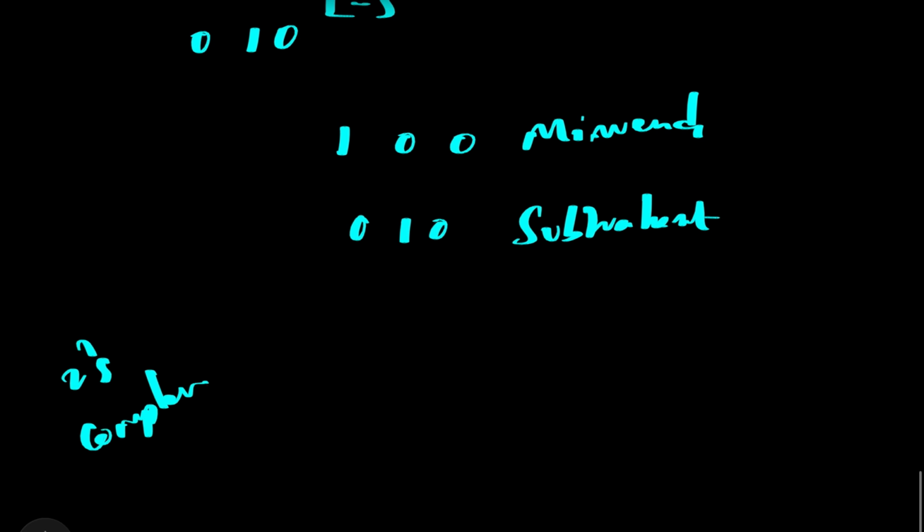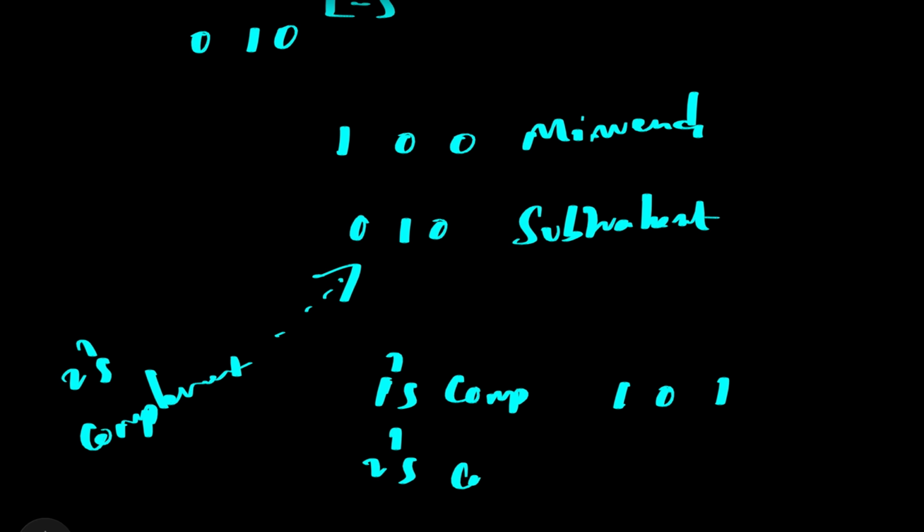So 2's complement for which? 2's complement for the subtrahend. So the 0 1 0, the 1's complement of 0 1 0 will be 1 0 1. Then 2's complement will be just adding a 1 over here.